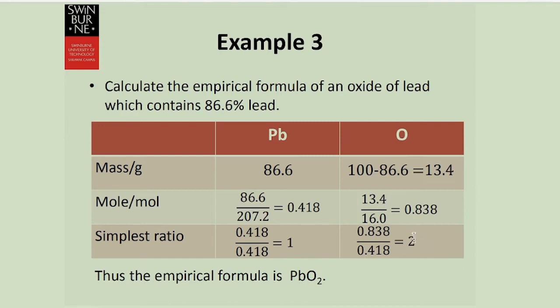So if it's 1.5, then we multiply by 2, this side also by 2, and we get 3 here and 2 here. So in that case it will be Pb2O3. Just for information. And if it is 2.15, a very small amount, then we can just round to 2, and the same goes for the other.